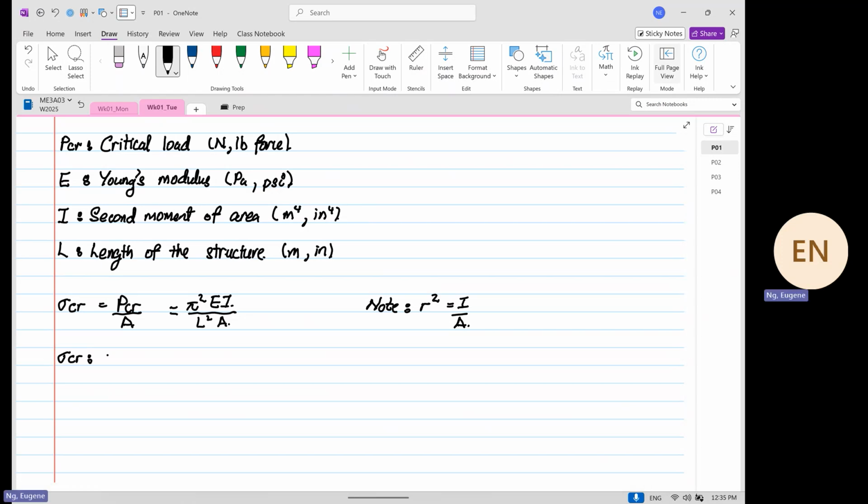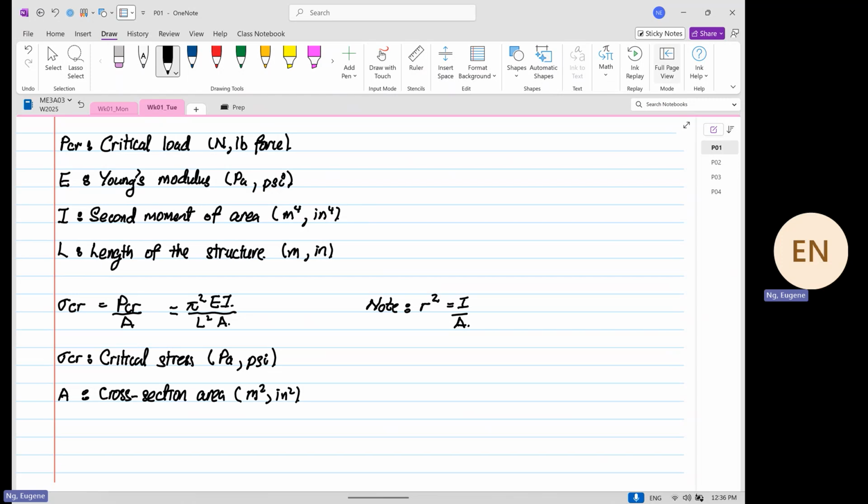This is our critical stress, in Pascal or PSI. And we have our A, which is our cross-sectional area, again in meters squared or inches squared.